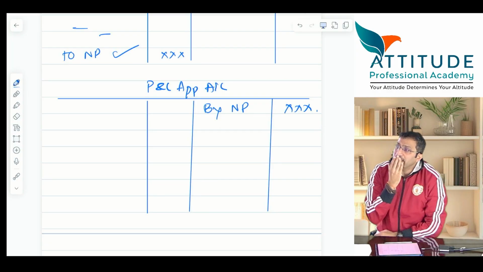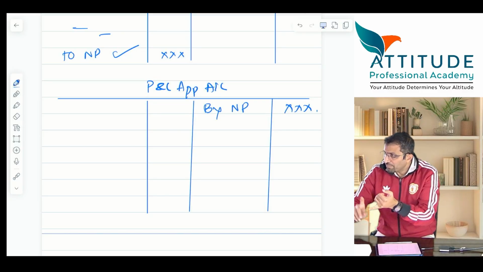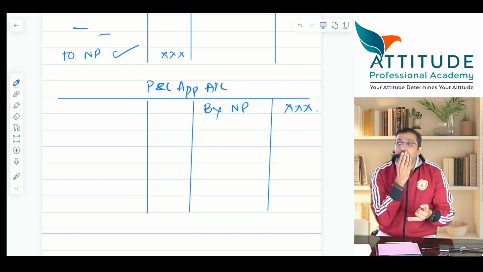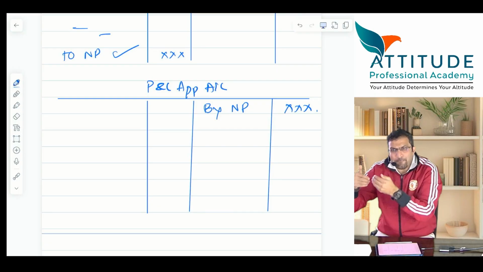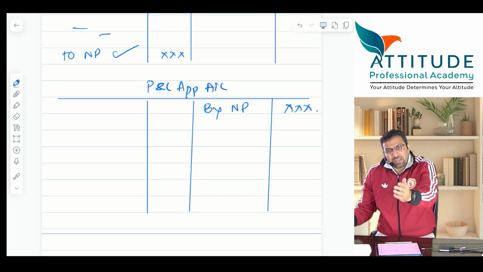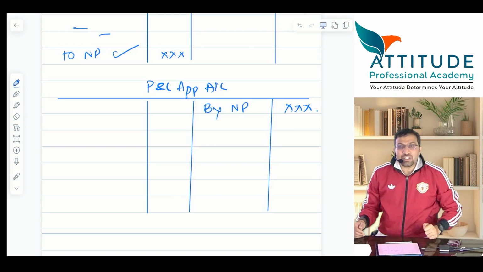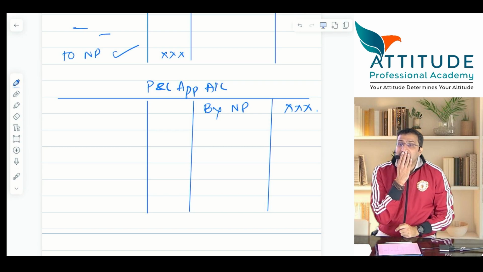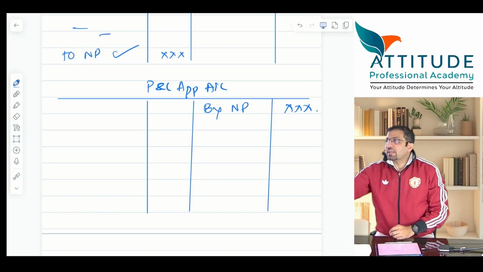If partnership deed is silent on matters of salary, partner will not get any salary. Second, if partnership deed is silent on matter of interest on capital, because partners pump in the capital. If this money had they kept in the bank, they would have got interest or no? Here they will get interest on capital. But please try to understand, if the partnership deed is silent, partner will not get any interest on capital.